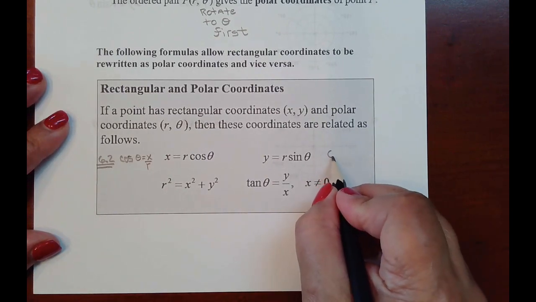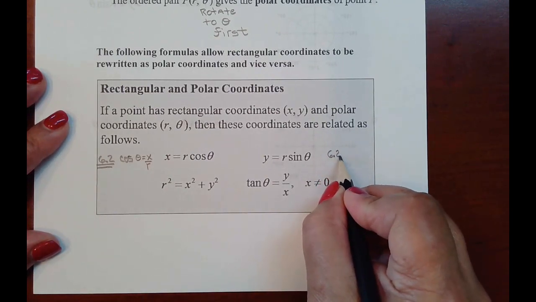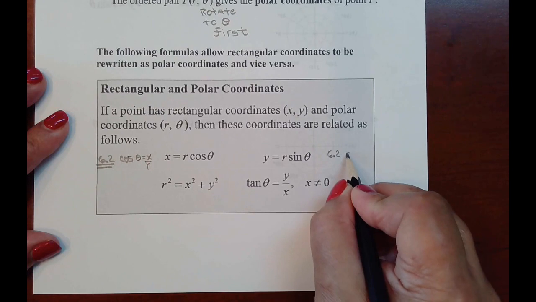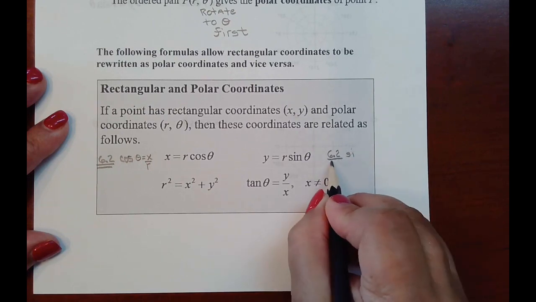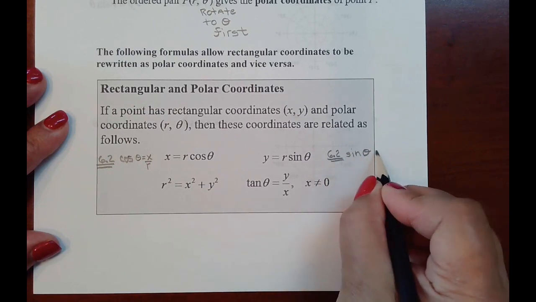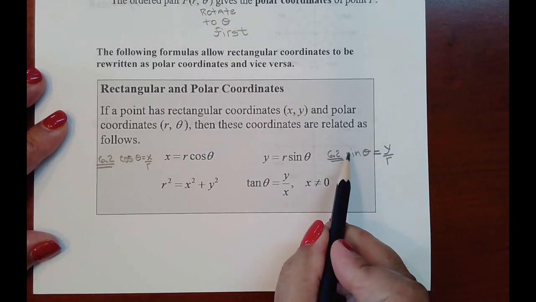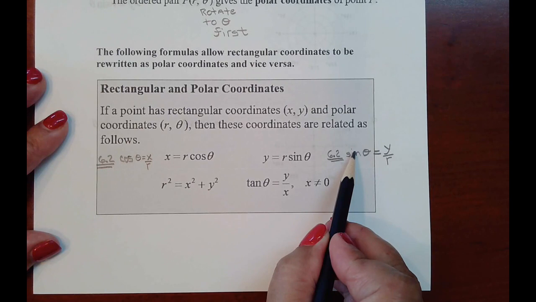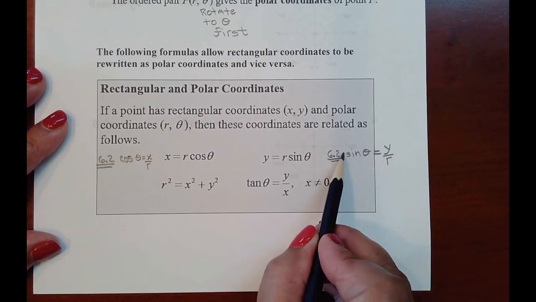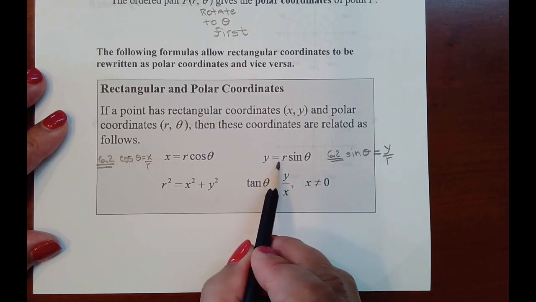You were also given this in section 6.2 of this book, where sine of theta was defined as y over r. Once again, if you were to cross multiply, r times sine of theta, that would swing the r right up alongside of the sine of theta, and it would be the multiplier, and it would look just like this.